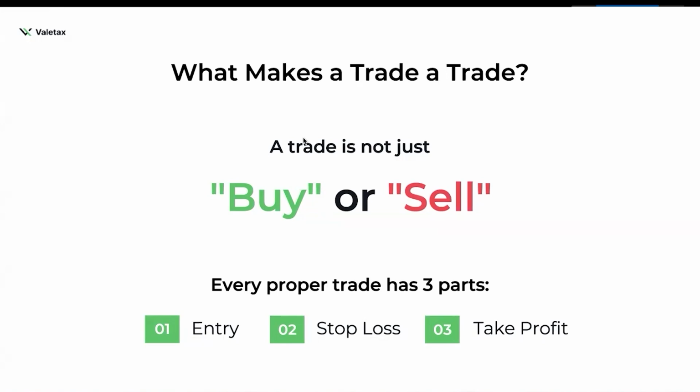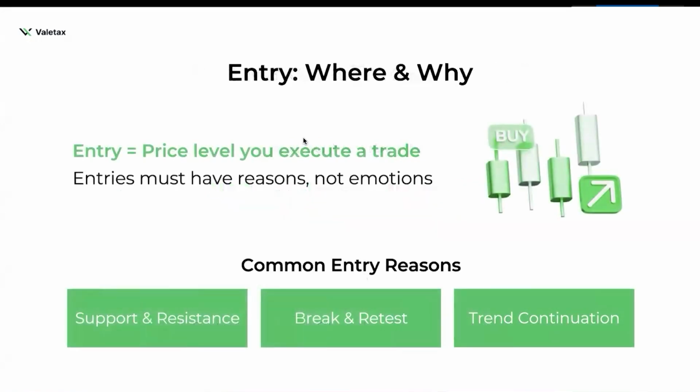Okay, so here is the entry logic. Entry is supposed to tell you where and why. An entry must have a reasoning. It must tell you exactly why you are deciding to make this trade and why you want to enter at this position. Not just emotion, not just I think that I want to buy or I want to sell here. You should have a technical bias and most likely a fundamental attachment to it.